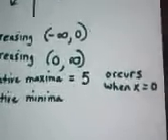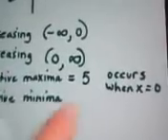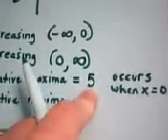Your course compass, and again, somebody mentioned this in class, sometimes writes that as the ordered pair 0, 5. 0, 5 is where the relative maximum occurs. The relative maximum, however, is 5. It's always the y value.